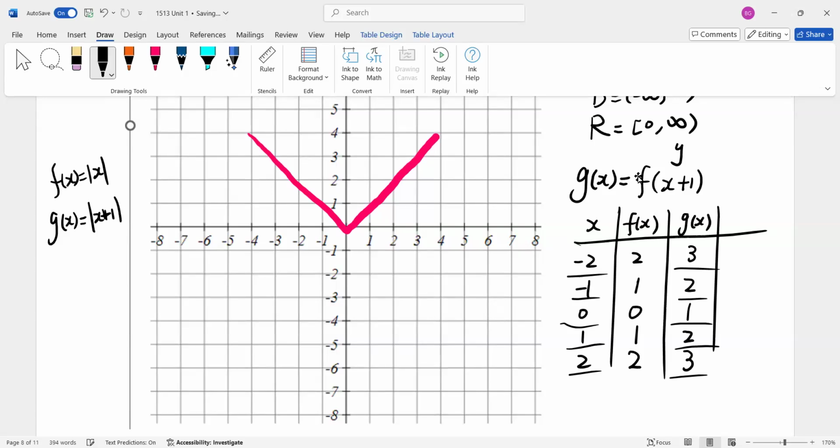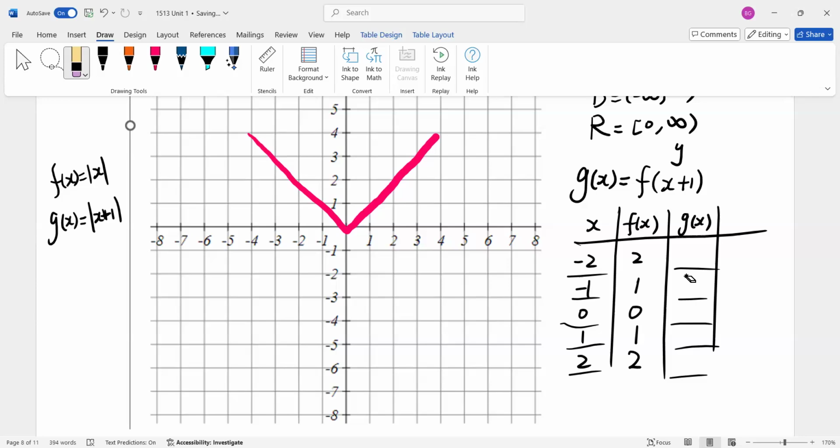This is our daughter function. On the left side here, mother function, absolute value function, absolute value of x. Daughter function, absolute value of x plus 1. This time, the 1 is added to the input, to x, not y, to x. Let's see what happens to those points, right?